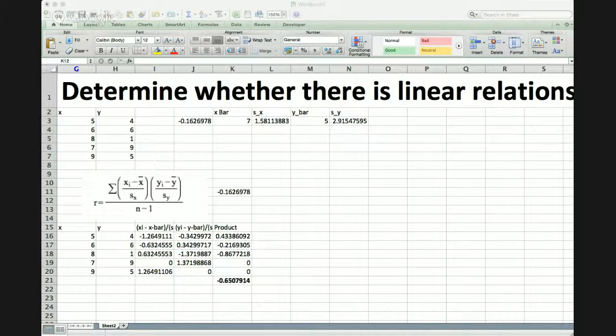In this case, we will test whether the correlation between the x and y variables is strong enough to conclude that there is a linear relationship. We need to determine the absolute value of the correlation coefficient. If the absolute value of the correlation coefficient is greater than the critical value for the correlation coefficient for the given sample size, then the linear relationship exists.